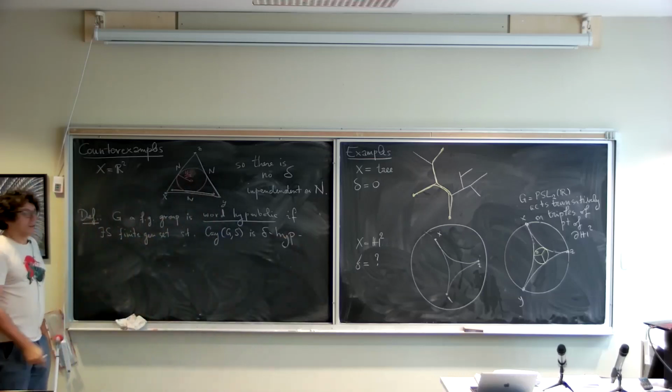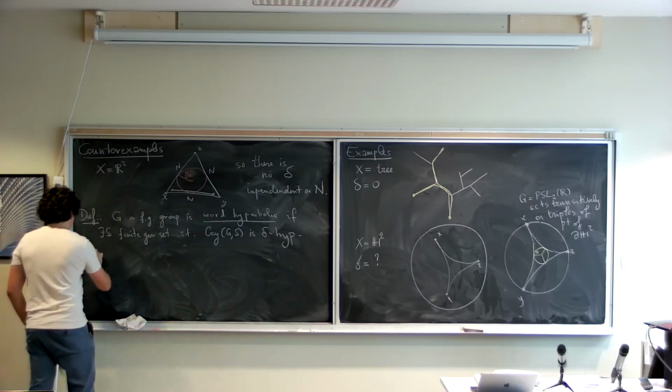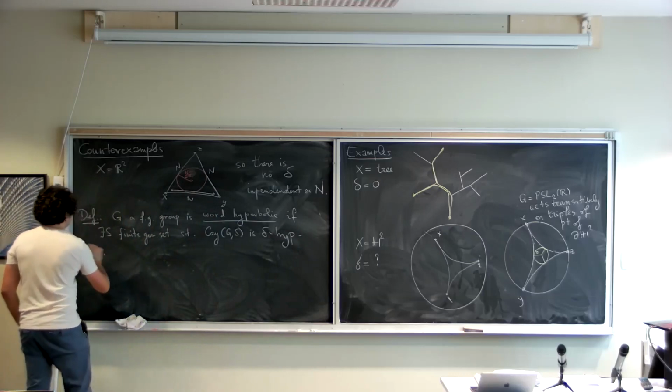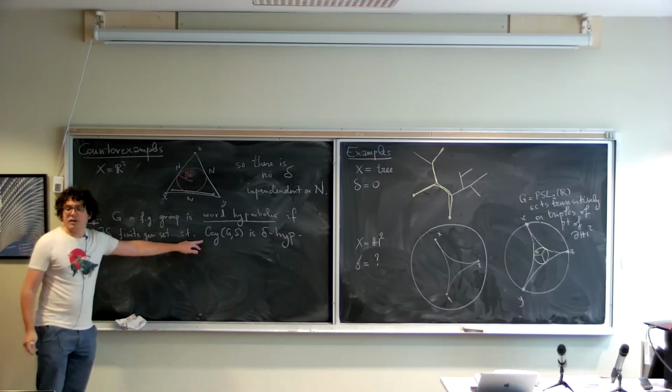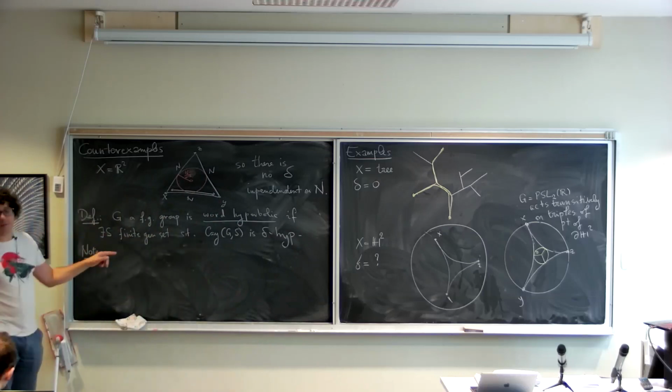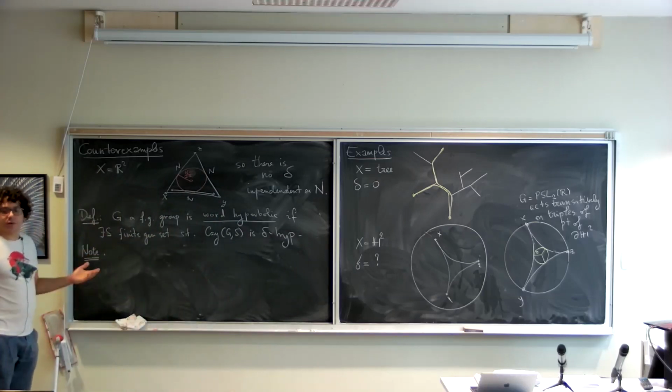And what is kind of interesting here is to note that any two generating sets give rise to a different metric. But if one is delta hyperbolic, then all the others are too.